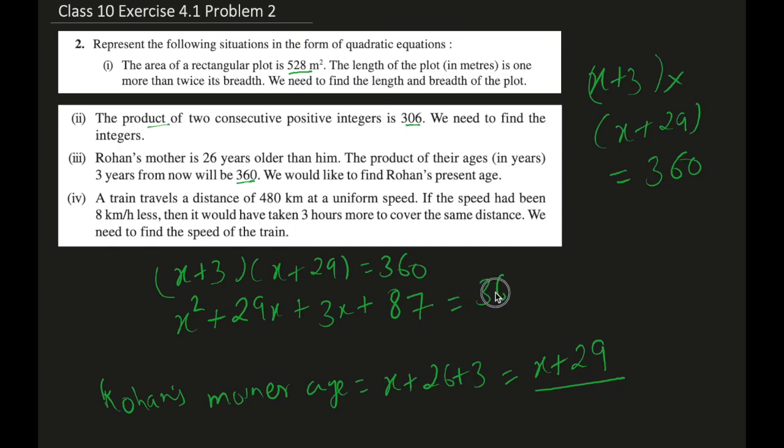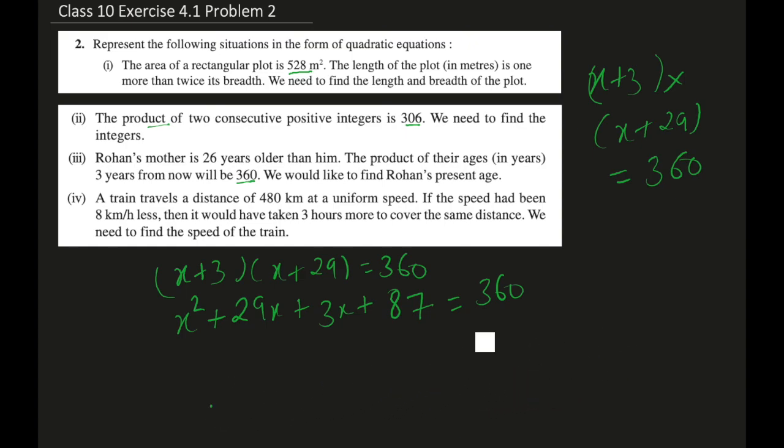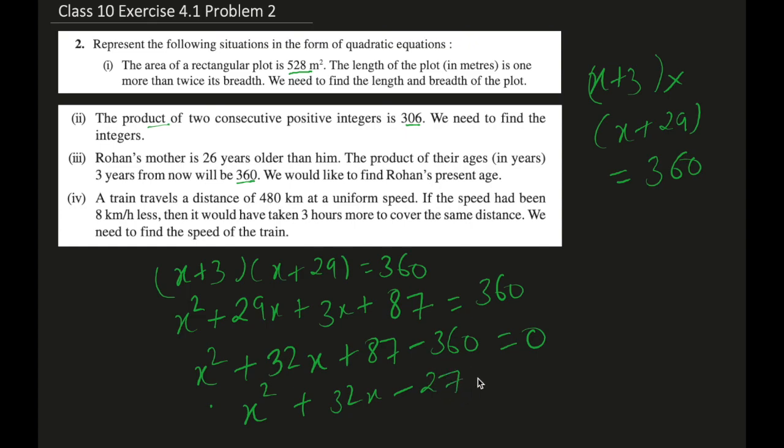This is equal to 360. So our answer will be x square plus 32x plus 87 minus 360 equals to 0. So it is x square plus 32x minus 273 equals to 0. This will be the quadratic equation.